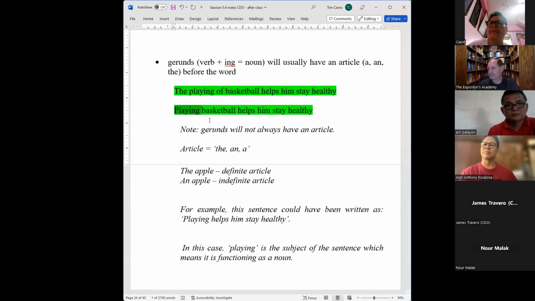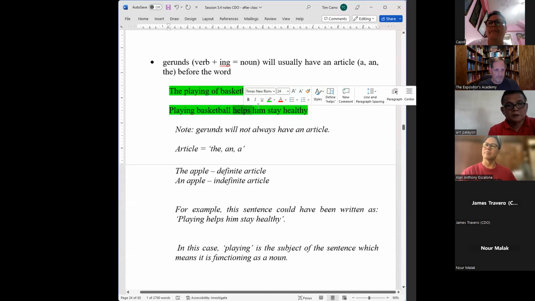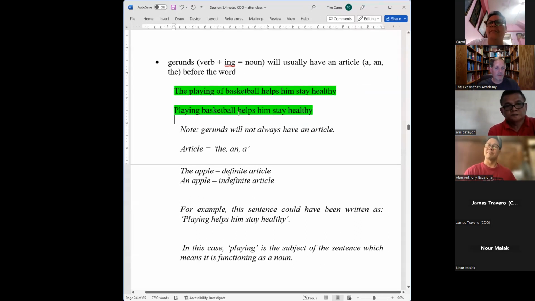Any ideas? Yeah, what's the verb? Helps. Helps is my verb. And notice it's not basketball helps him stay healthy. It's playing basketball helps him stay healthy. Playing basketball is my noun. It's our subject, sorry, which means it's a noun.